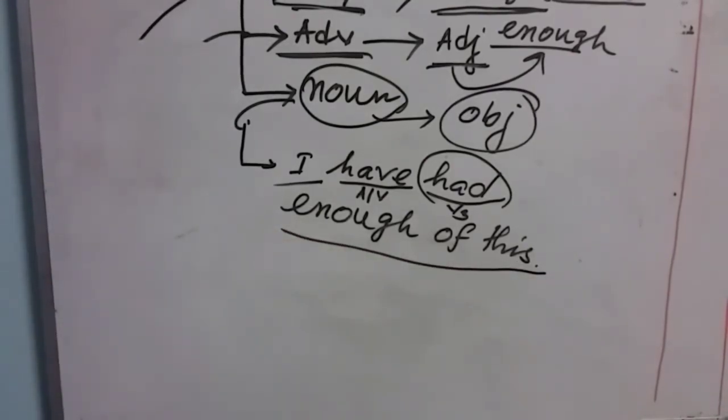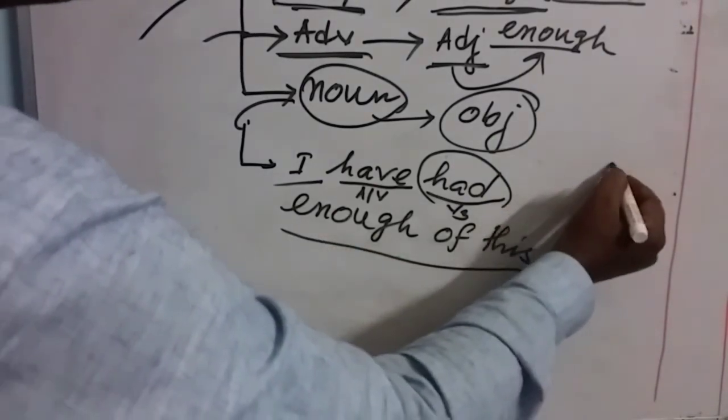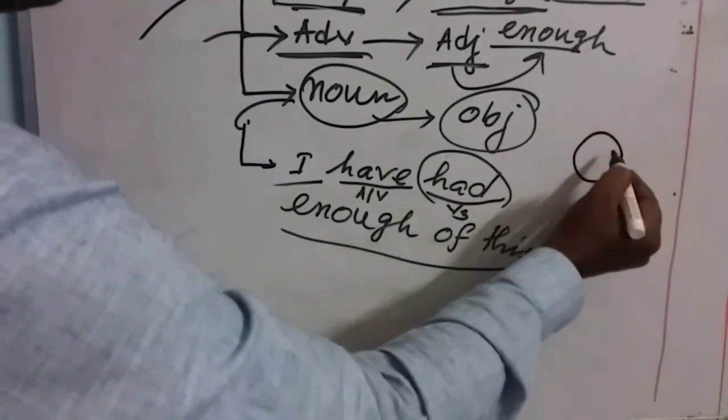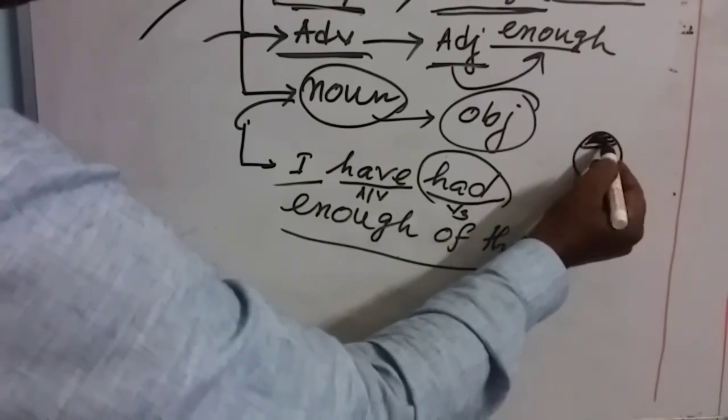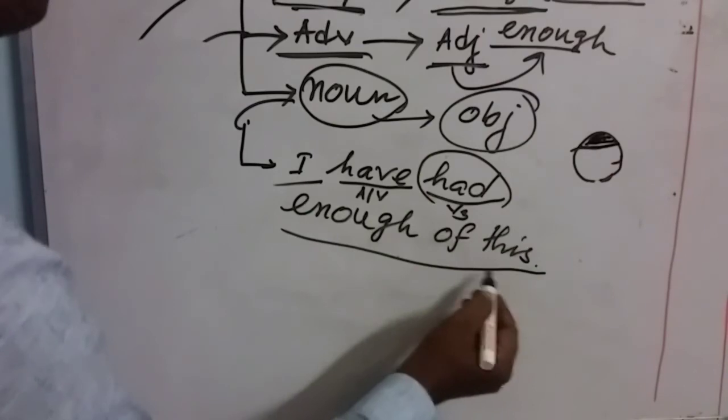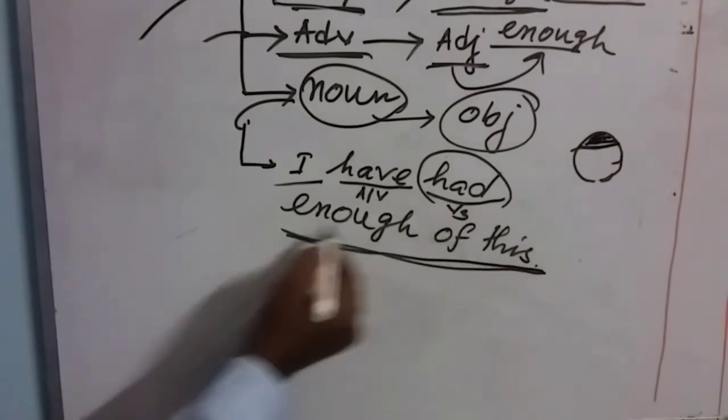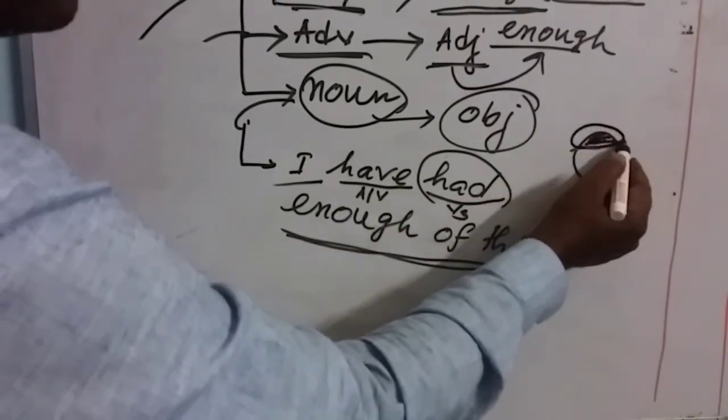this sentence. So object, enough of this means, suppose this is the entire quantity and this part is enough for a person. So here by using this phrase we are meaning this one.